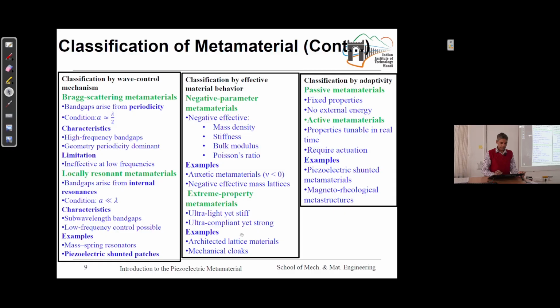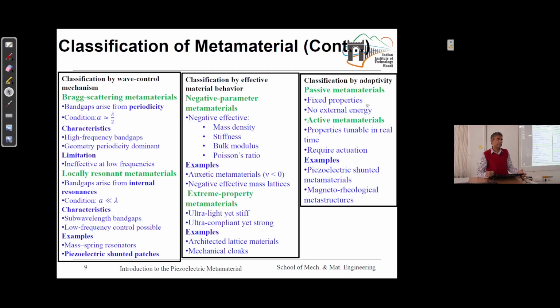right? So you can see examples: architected lattice materials and, say, mechanical clocks. Classifications by adaptability: we have passive metamaterials and active metamaterials. In case of passive metamaterials, properties we cannot change.